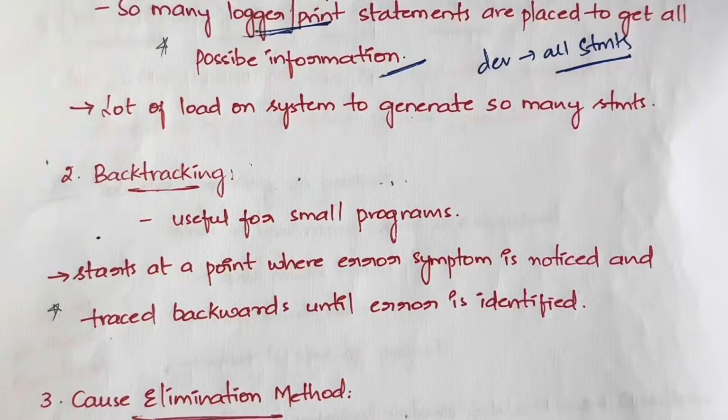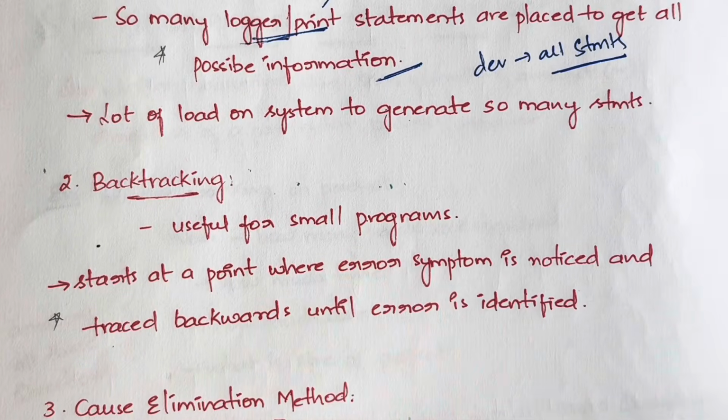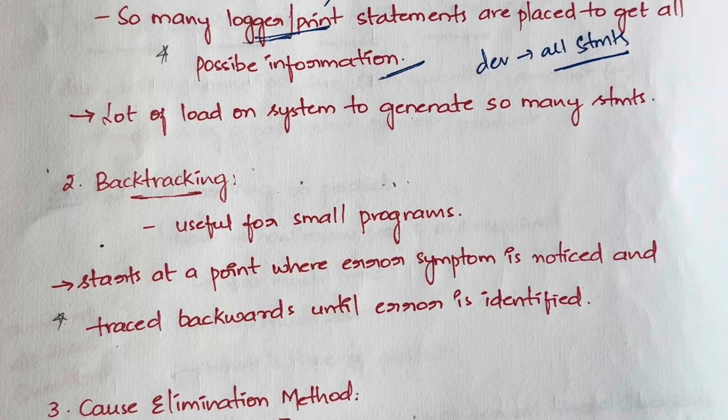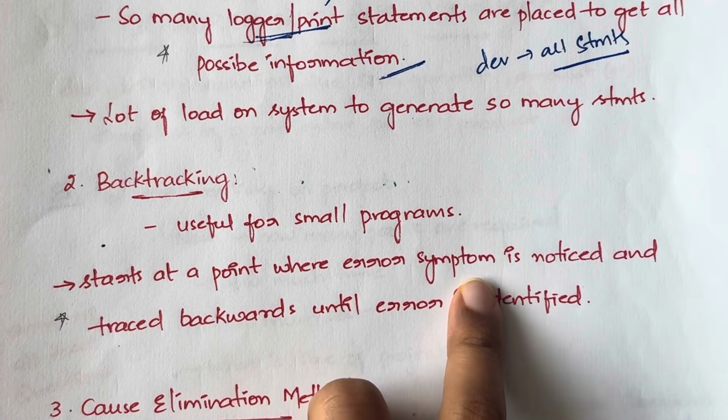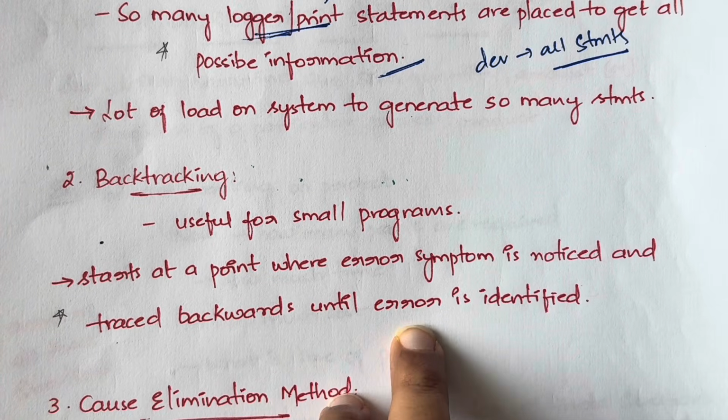And the next one is backtracking. Backtracking is especially useful for small programs. It will start at a point where the error symptom is noticed. You might not know the exact location in the code where the error is coming from, but wherever you feel this might be the reason, you will start at that point and go back until you identify the error.